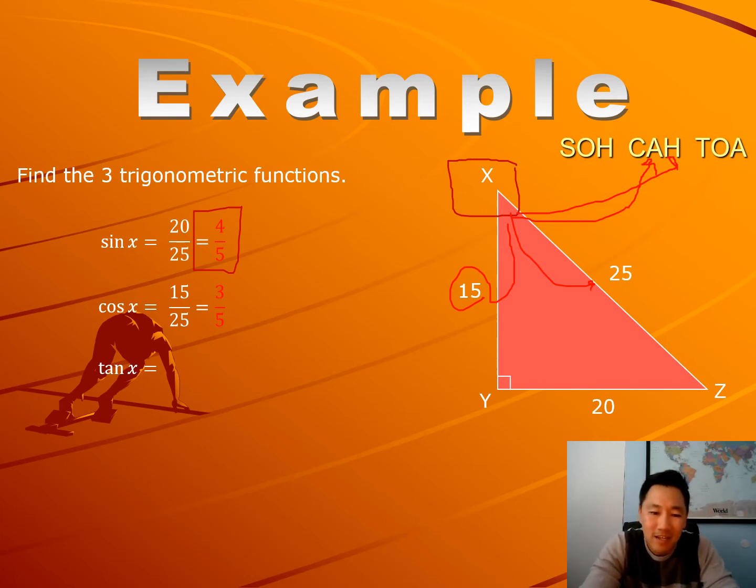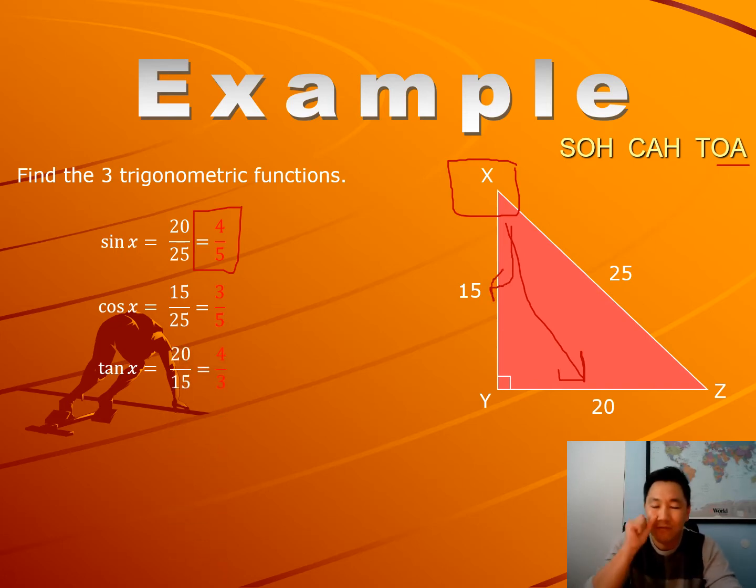And to do tangent, we need opposite over adjacent. Here's the opposite side. Here's the adjacent side. 20 over 15 reduces down to 4 over 3. All right. So those are the three trig functions for x.